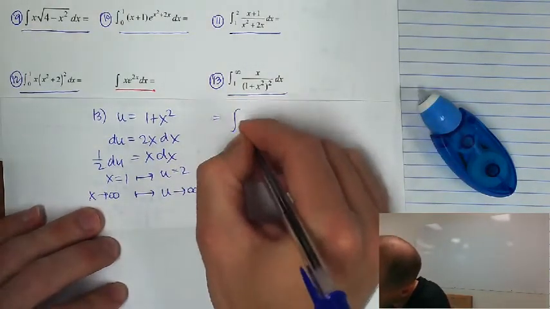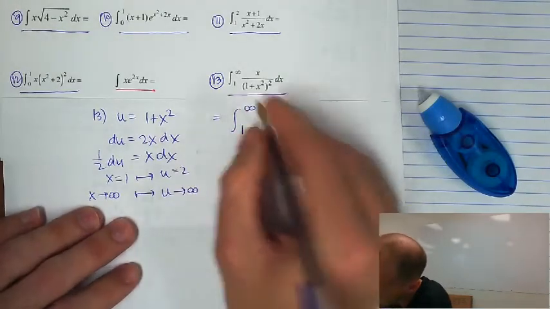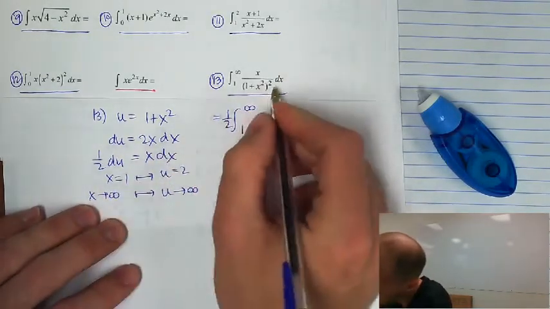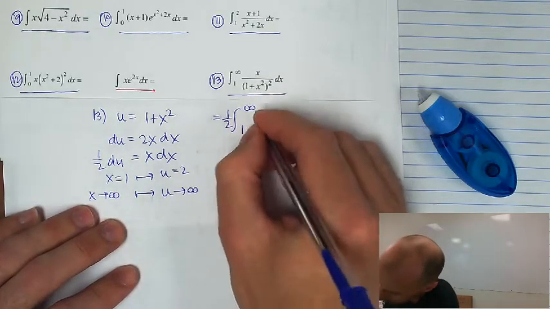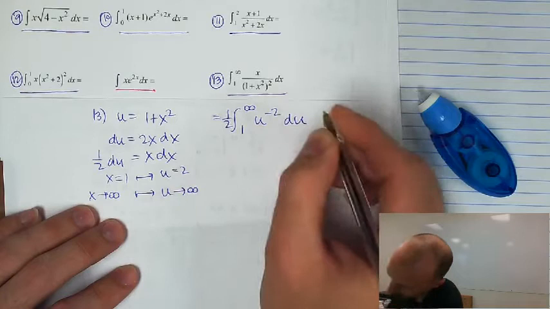So now this is equal to the integral from 2 to infinity of half du, and I'm taking 1 over u squared. I call that u to the negative 2 du.